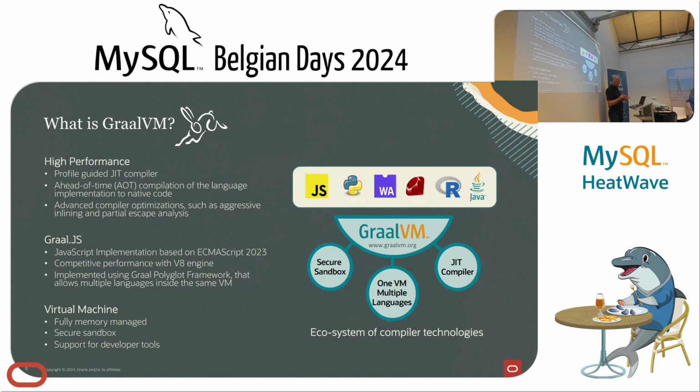There's Python and Ruby, which are not there yet, but in other settings, GraalVM is used with Java and WebAssembly. We are running in a virtual machine, which is sandboxed, so GraalVM controls that you do not harm your local machine.